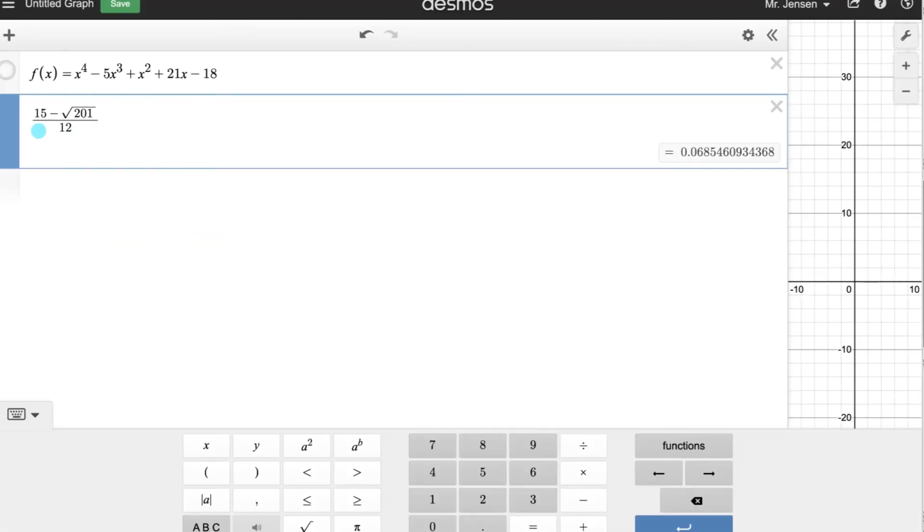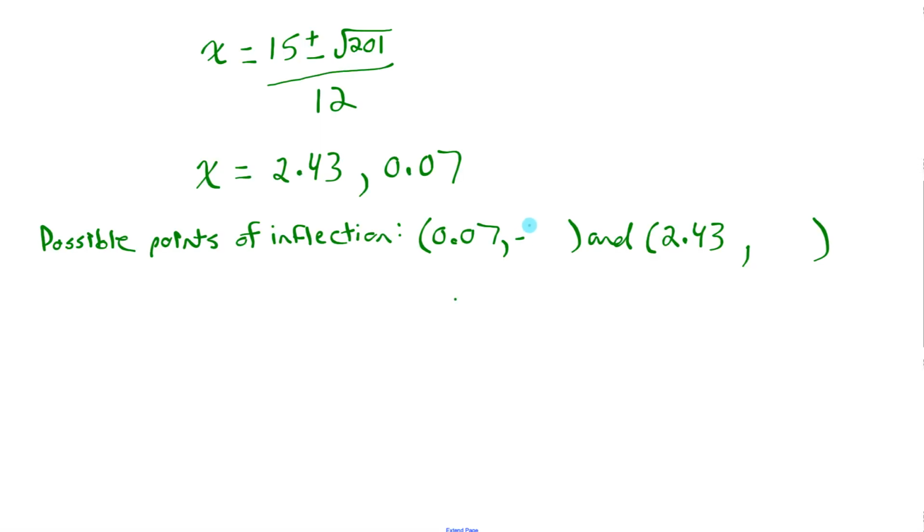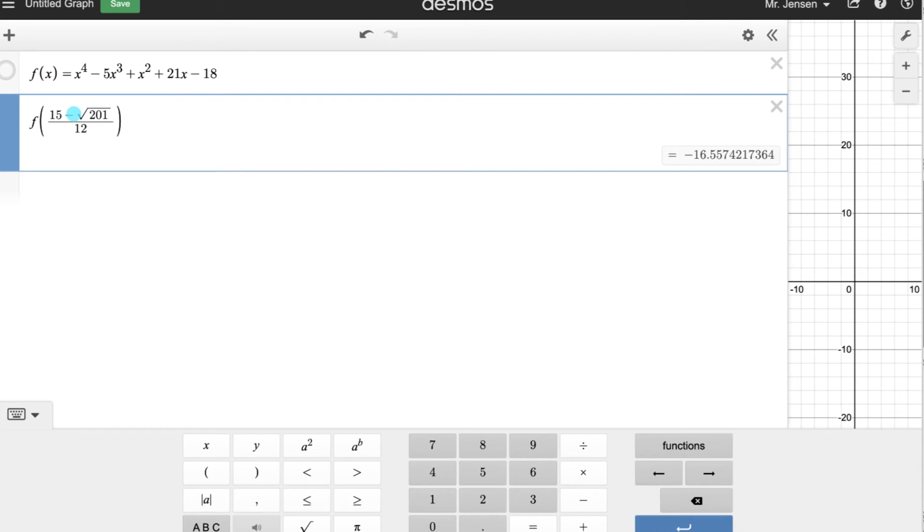So I need to evaluate the original function, which I have typed up here, at the 0.07 x value, which is what 15 minus root 201 over 12 is, and I get negative 16.6. And the positive version, the 2.43 x value, gives me a y value of 2.05.